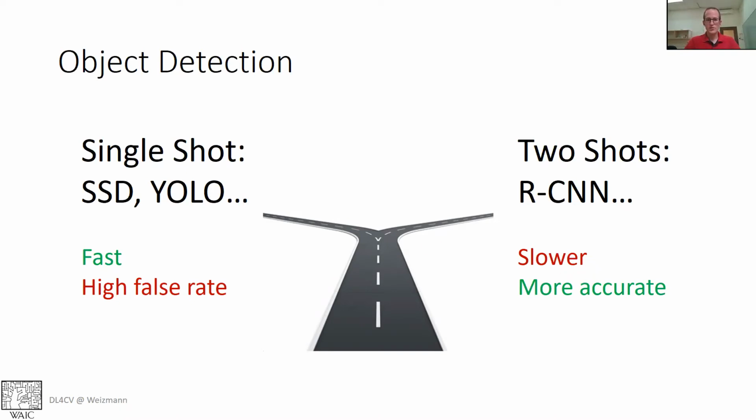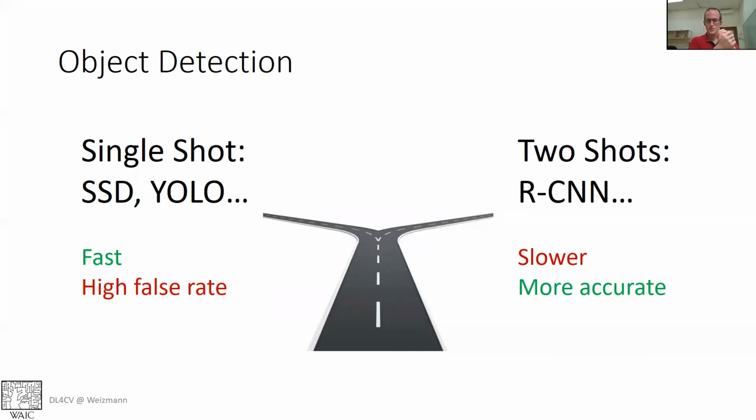What is false rate? False rate is the number of falses that the network predicts. So if you have a background region and the network fires and says this is a dog, it's a false, because the network falsely detected a dog in the background. So just like a 0-1 loss.